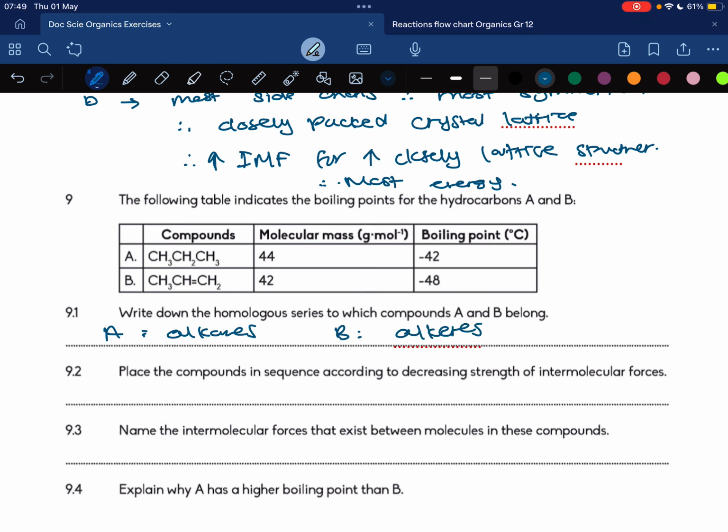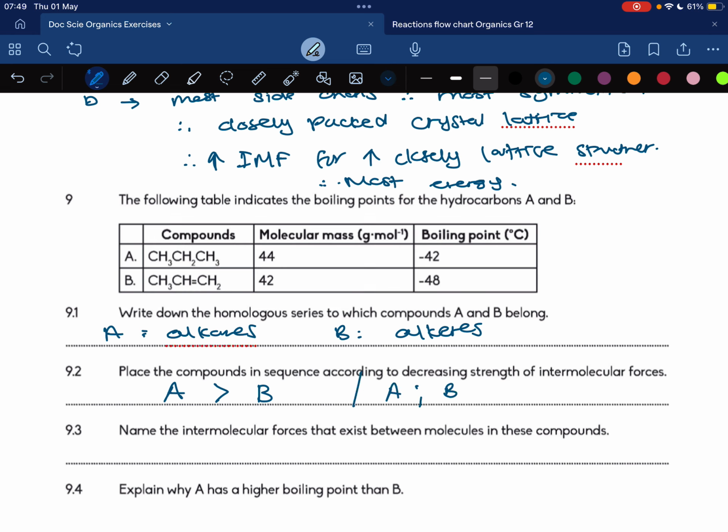Then it says place the compounds in sequence according to decreasing strength of IMF. So I can see that A is going to have the stronger force than B. So it says in sequence according to decreasing strength, so you would start with the highest to the lowest. So if you wrote it as A and then B, that is also fine.